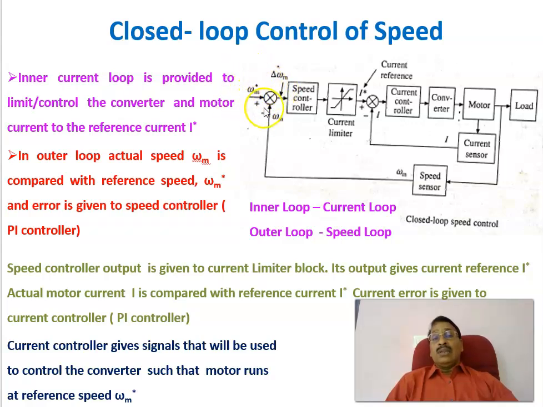You want to run the motor at ω_m star, maybe 1500. The speed is sensed, and finally the motor will be running at this 1500. That is the closed loop control of speed, in which the inner loop is the current loop and the outer loop is the speed loop.